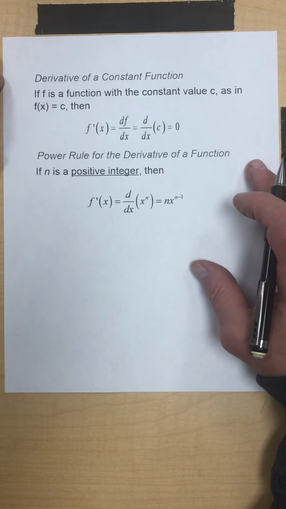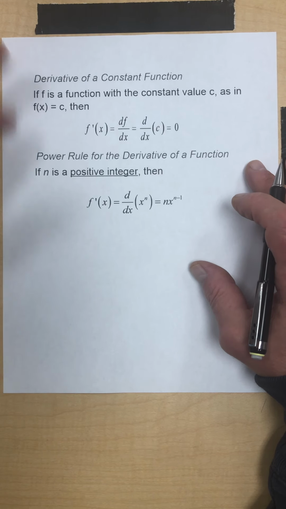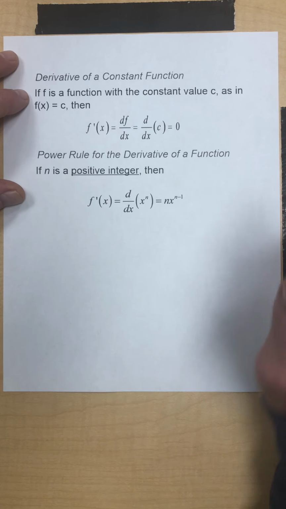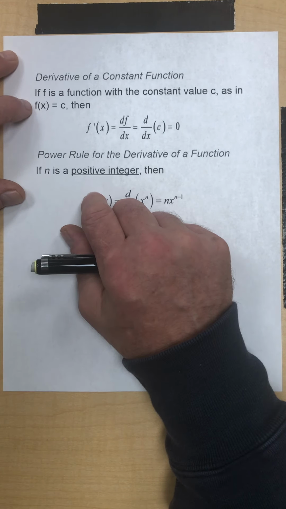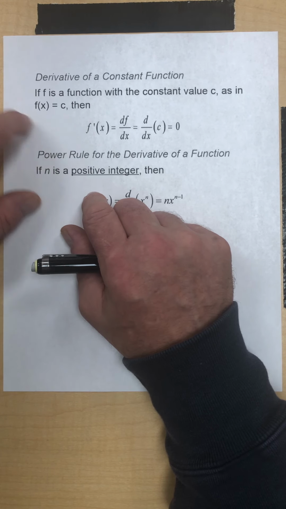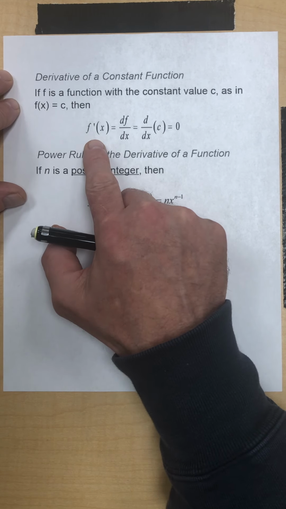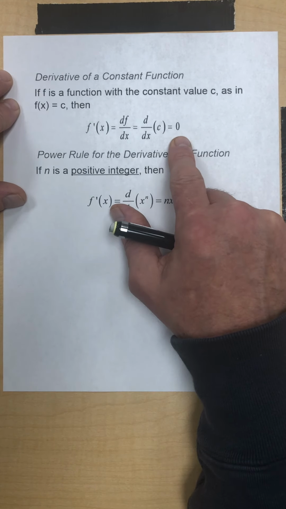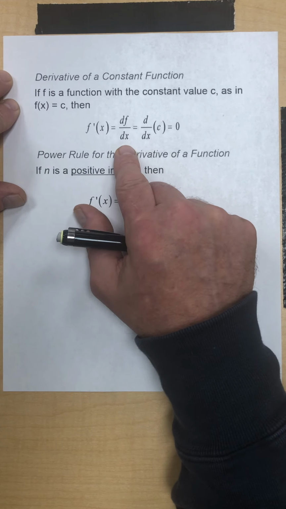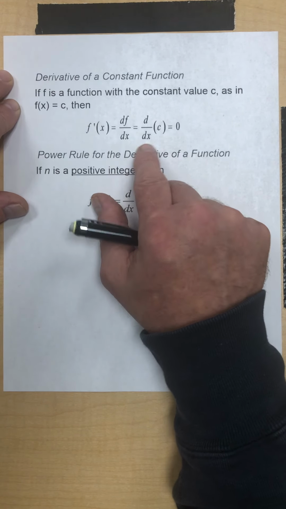If I were you, I would certainly print this off from the notes that I have in Google Classroom. So if we have a horizontal line, f of x equals c, a constant function where c is a constant, then the derivative always gives me 0. The derivative f prime of x is the derivative of f with respect to x, which is d dx of c.